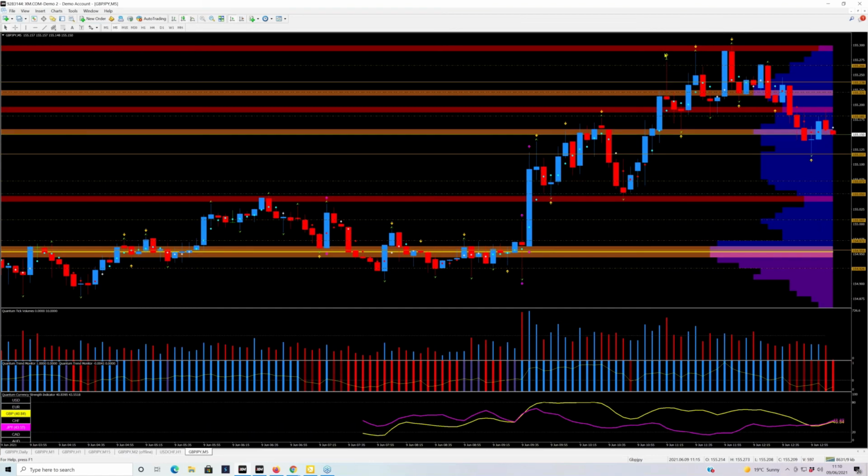You have a hammer candle with a reasonable amount of volume underneath it, and you think, all right, that's going to reverse. The next two, look again at the volume, it completely falls away, pushes up again. Then we have another shooting star candle, again with volume.